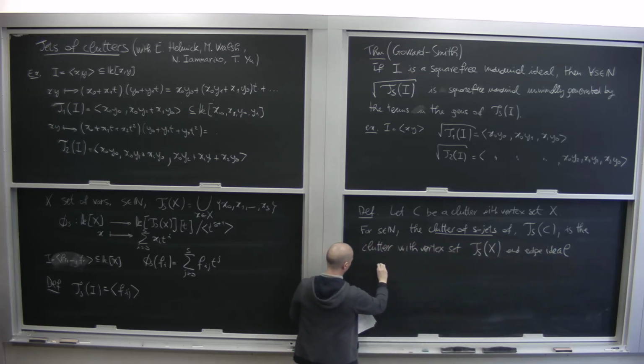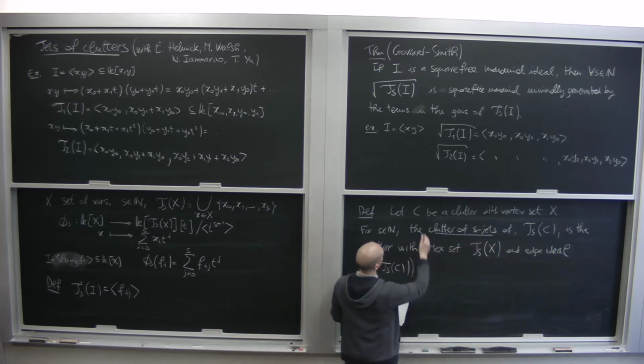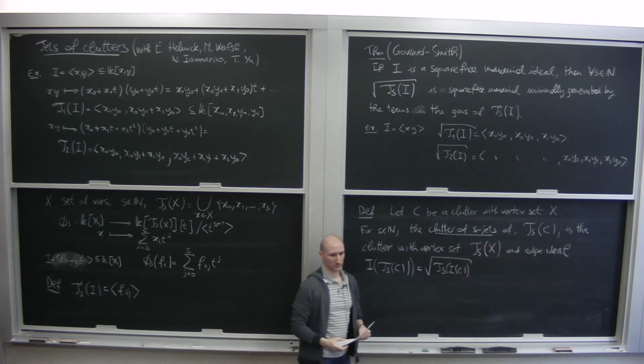If I have my clutter, I would say I of that to denote the edge ideal. So the generators of this are the edges. Well, how do we define it? It's the radical of taking the jets of the edge ideal of C.